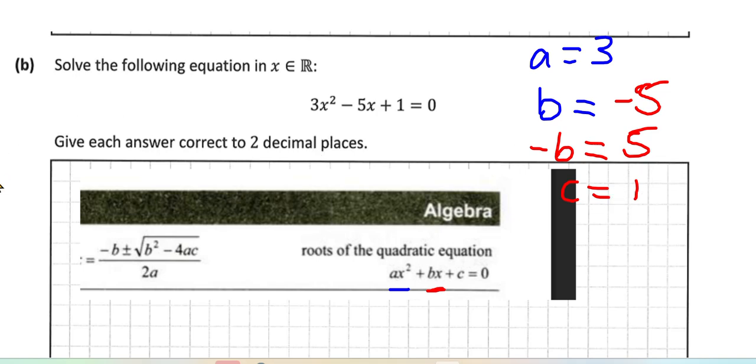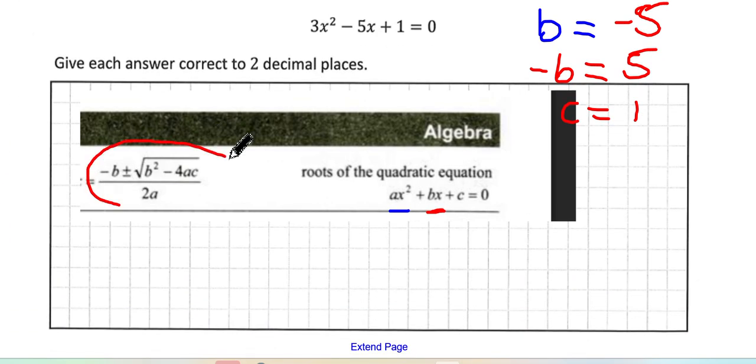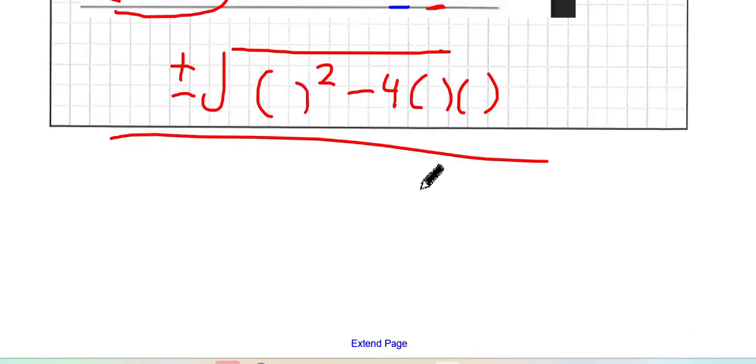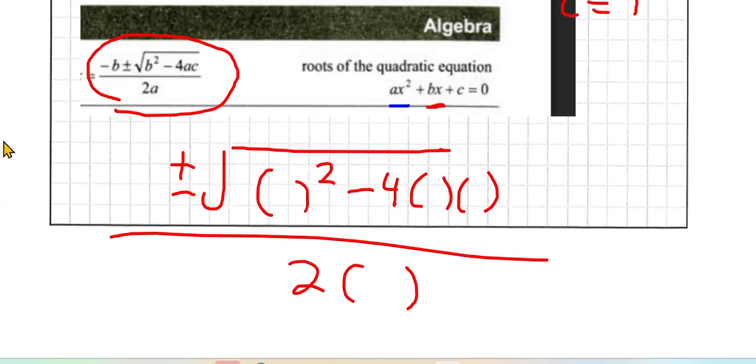Now you're going to fill in your equation. Everybody see this equation here? We're filling it in. Do you have a calculator you could use? Alright guys. What goes here?